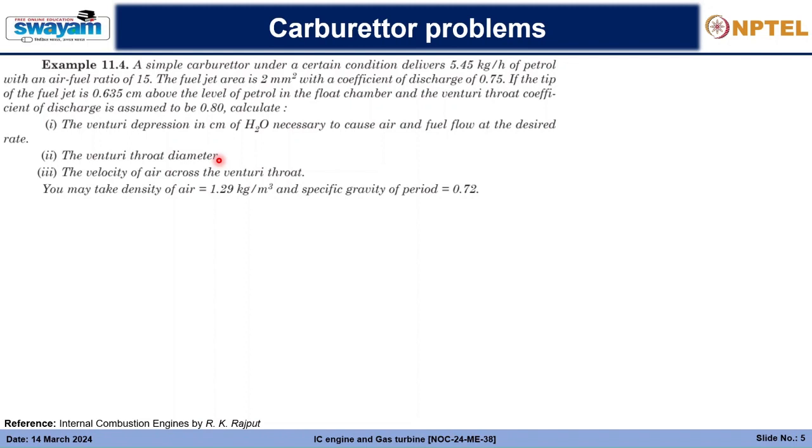We may take the density of air to be 1.29 kg per meter cube, and the specific gravity of petrol is 0.72. So let us take a moment to understand this question. I will give you 1 minute to understand it properly, and after that we will start solving it.